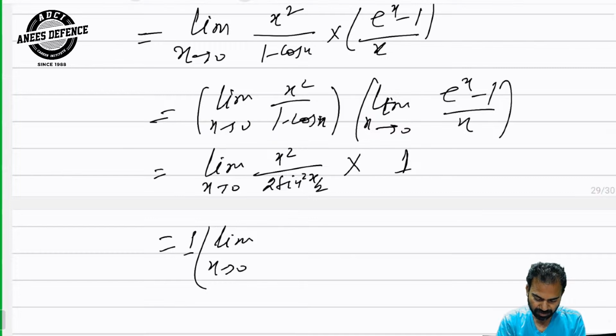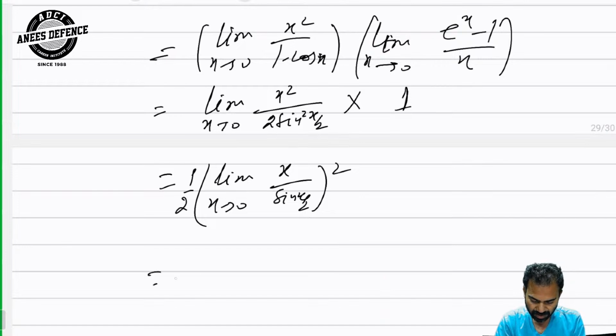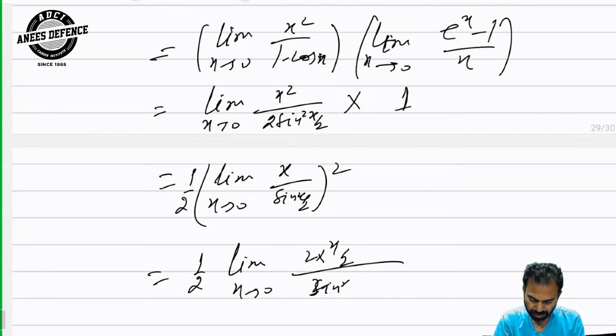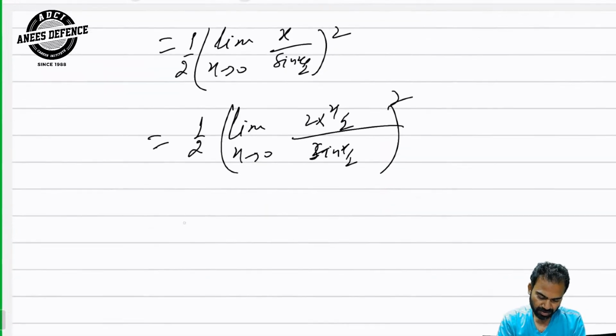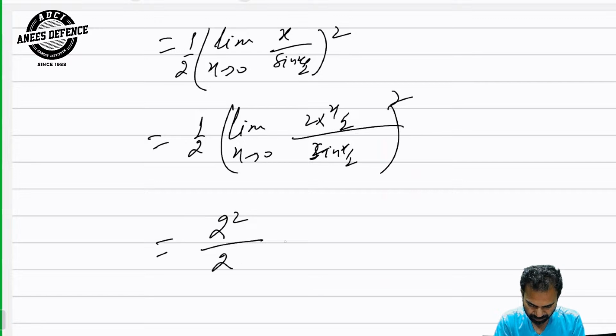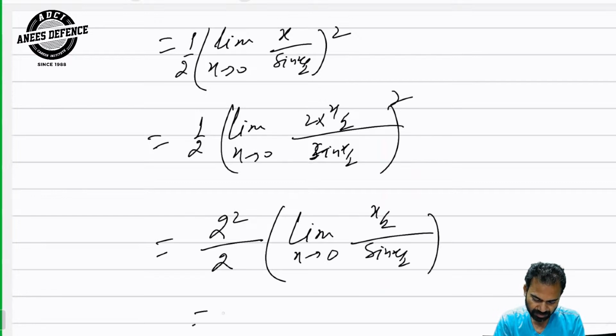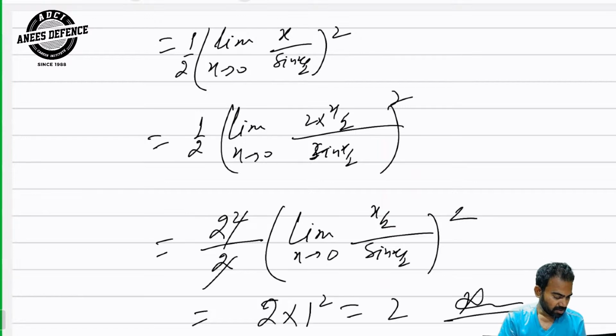It will be 1 by 2 outside, x upon sin x by 2 to the whole square. x by 2 into 2, so x by 2 whole square. Okay. 2 square will come outside. Any problem? Again, this is 1. 2 into 1 square, it is 2. Okay. So again the answer of the third option is 2.